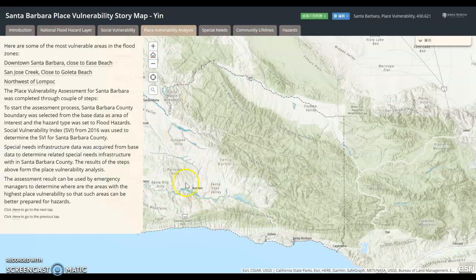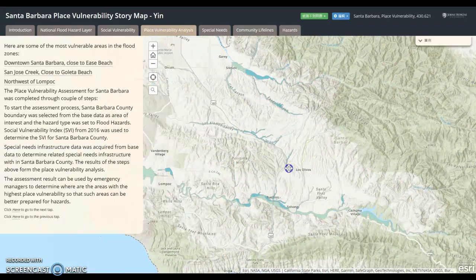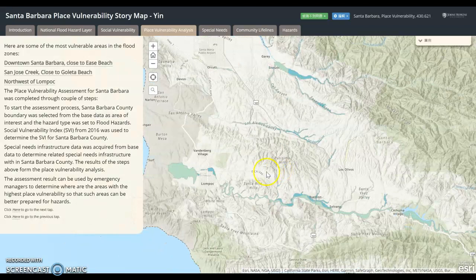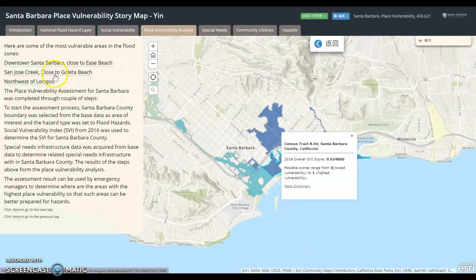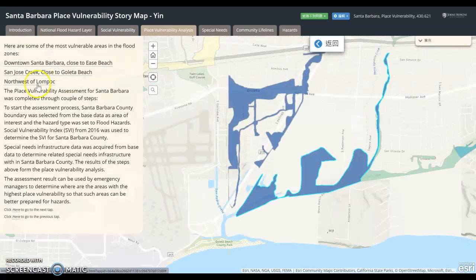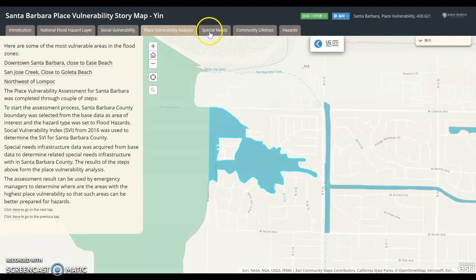Place vulnerability analysis is the analysis based on the previous layers. It tells us where the areas are that have the highest vulnerability of getting damaged by flood.